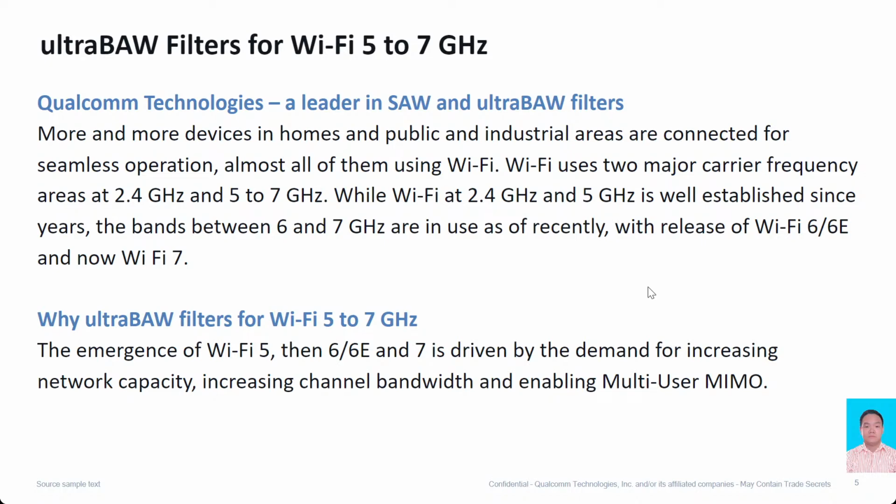And what this webinar will get into is why you need BAW filters for Wi-Fi, or you certainly need high performance filters for Wi-Fi to realize the performance that our colleagues at Qualcomm, for example, put forth with the platforms, very demanding channel widths and so on.